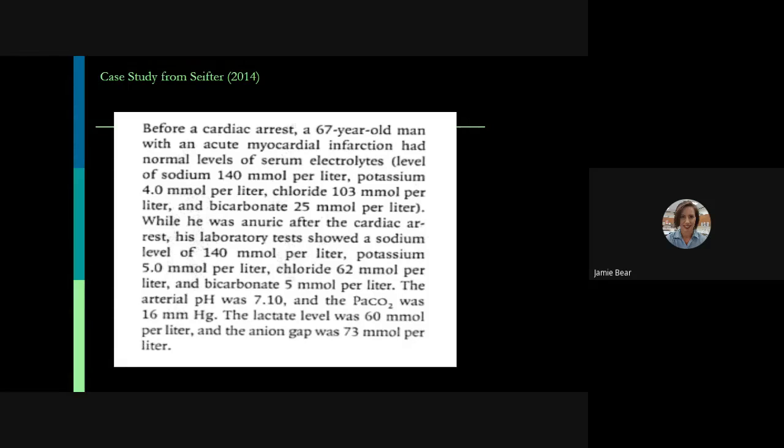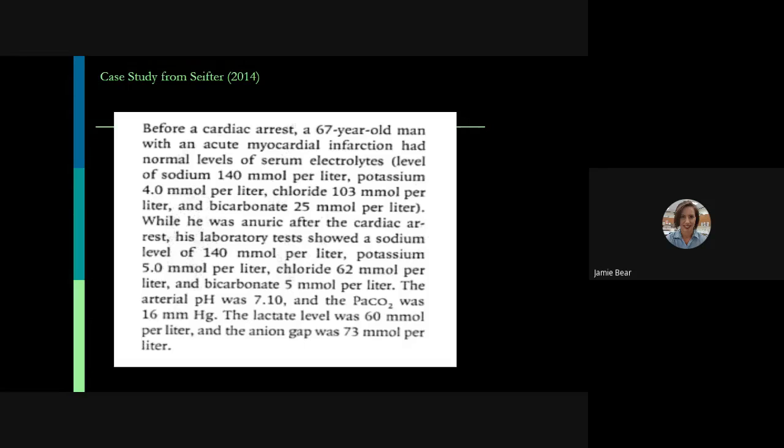So the patient was within normal limits, and then he went into cardiac arrest. Cardiac arrest is where your heart stops, and therefore oxygen and carbon dioxide, as well as those electrolytes, are not transported in the body. Therefore, we have a pH value of 710, which is a severe acidosis.